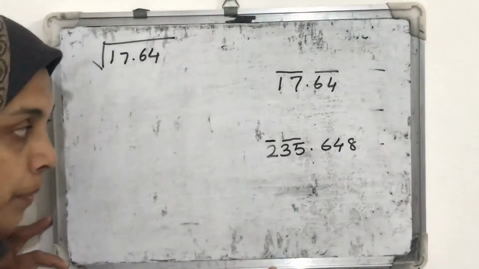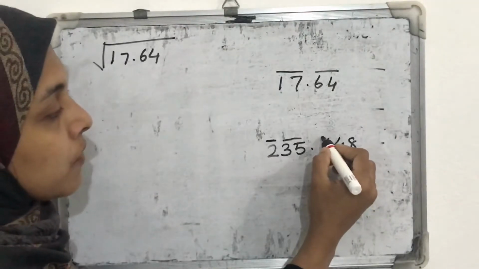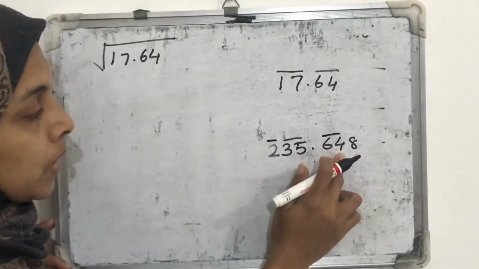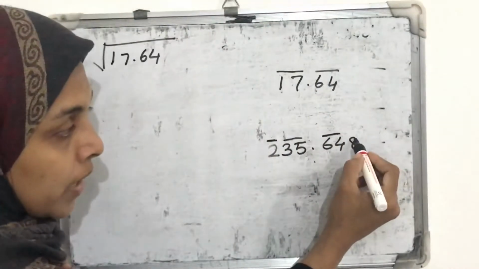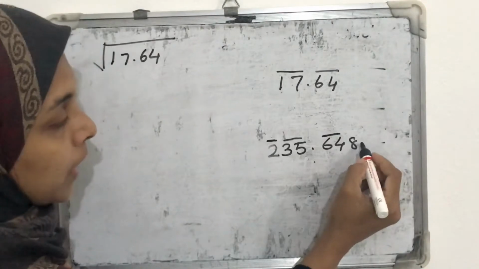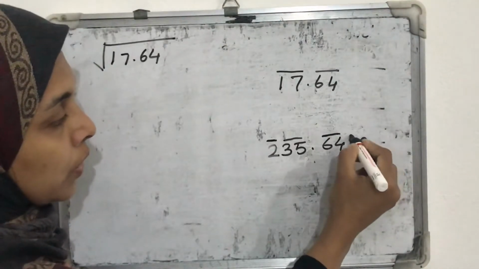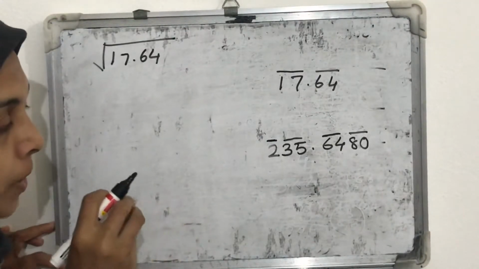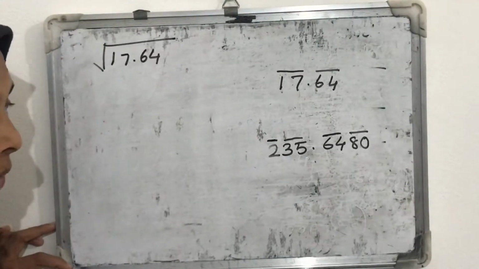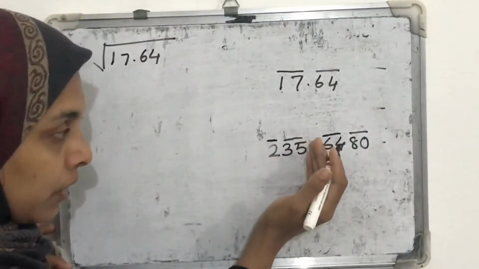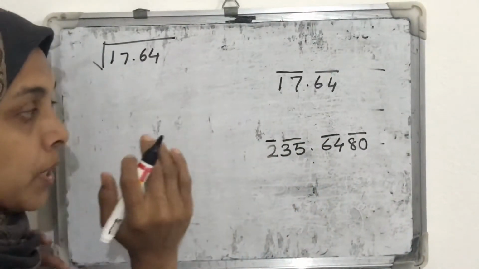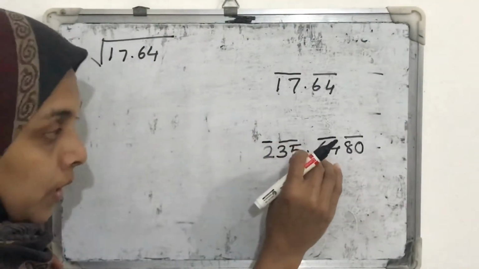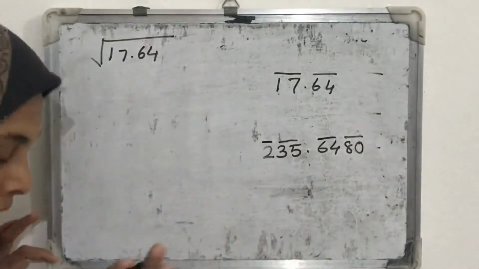Now for the decimal part, we start from the first decimal place, first and next decimal place. Then for the last single digit, adding a 0, we place the next bar. This is the method of placing bars for decimal numbers. The integral part is as normal, from right to left, but for decimal parts we start from left to right. That is the difference.